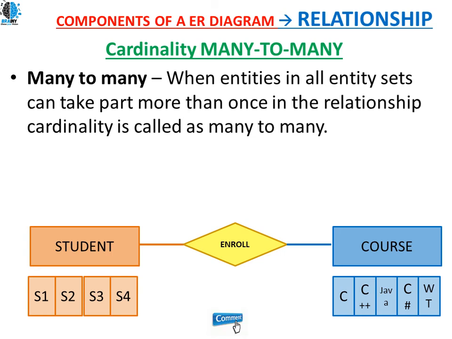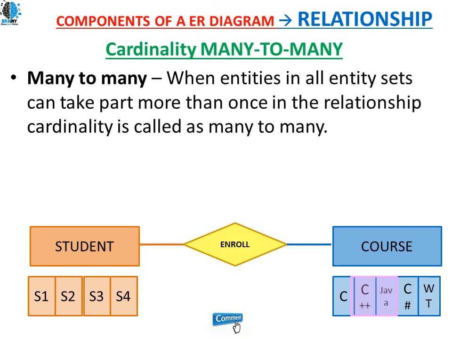So it means that one particular student can enroll for two or more than two courses, or two students can enroll for the same course, vice versa, right? So there is no restriction of enrollment of students from course or course to student.